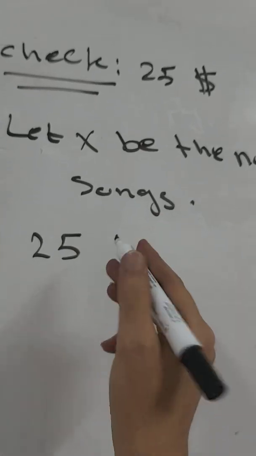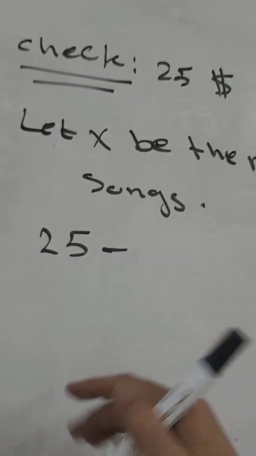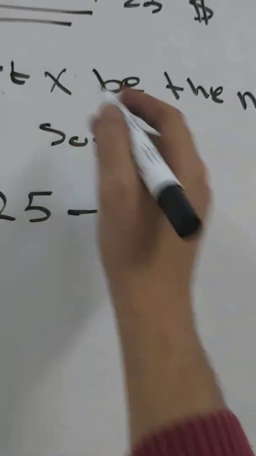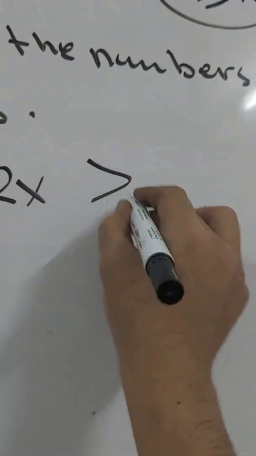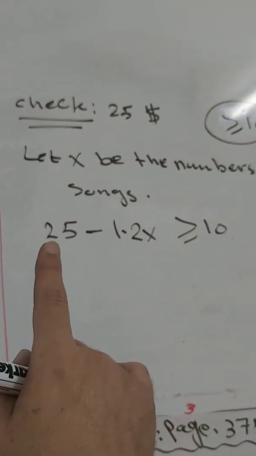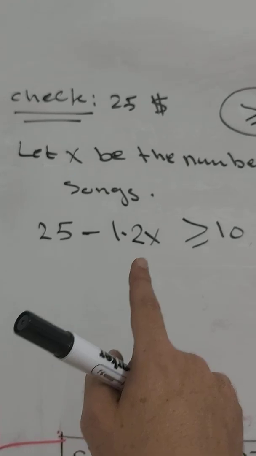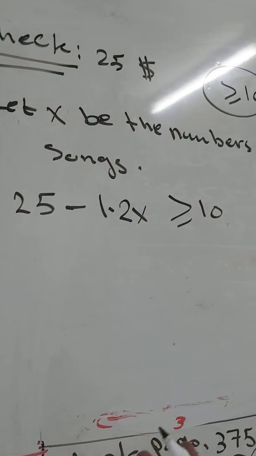Each song she downloads, this number will be decreased by 1.2x. And what she will still have should be more than or equal to 10, at least 10. So 25 minus 1.2 multiplied by the number of songs, x, more than or equal to 10. Now this inequality, let's solve it.